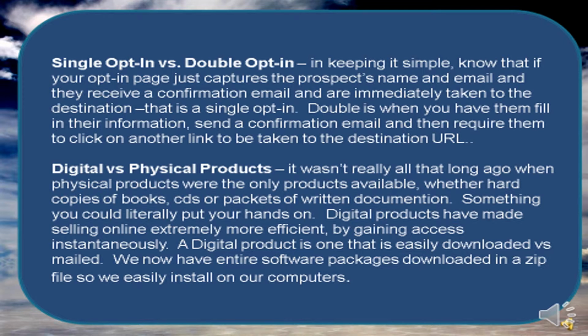So they want to make sure that you have in fact gained the prospect's name and email legitimately, and that person has definitely opted in to receive a confirmation email. Now, there are several ways that you can do this, but as soon as they opt into my list, I have a thank you page that I send them to that contains the destination URL on it.